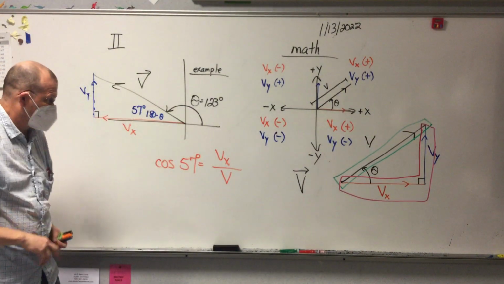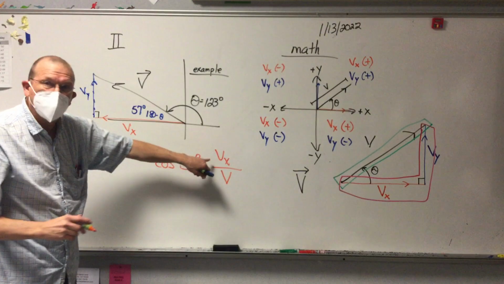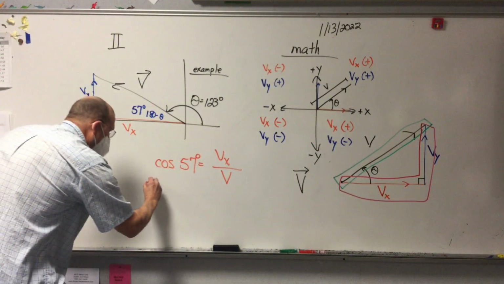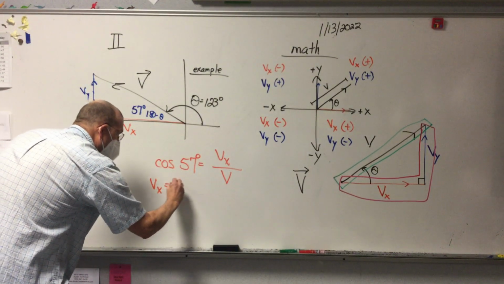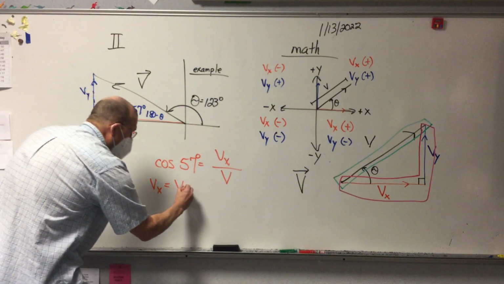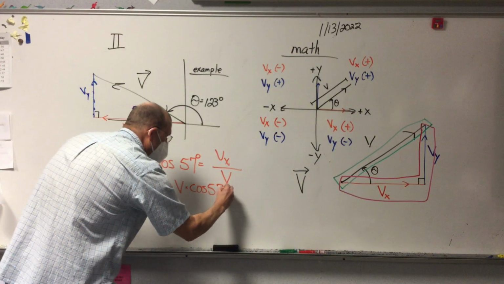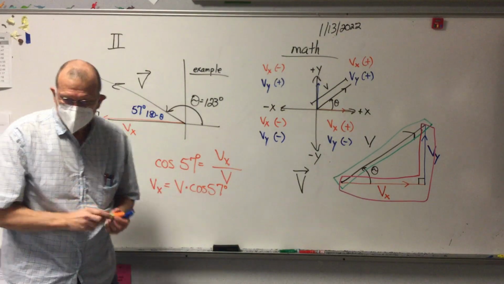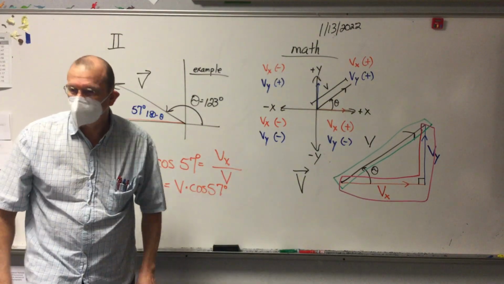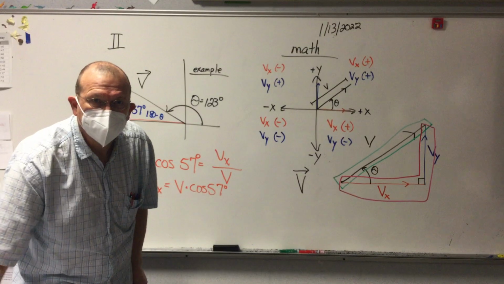So if I want to solve for Vx, I would take V and multiply it by cosine 57 degrees. Who's got the calculator out? Anybody got a calculator out?